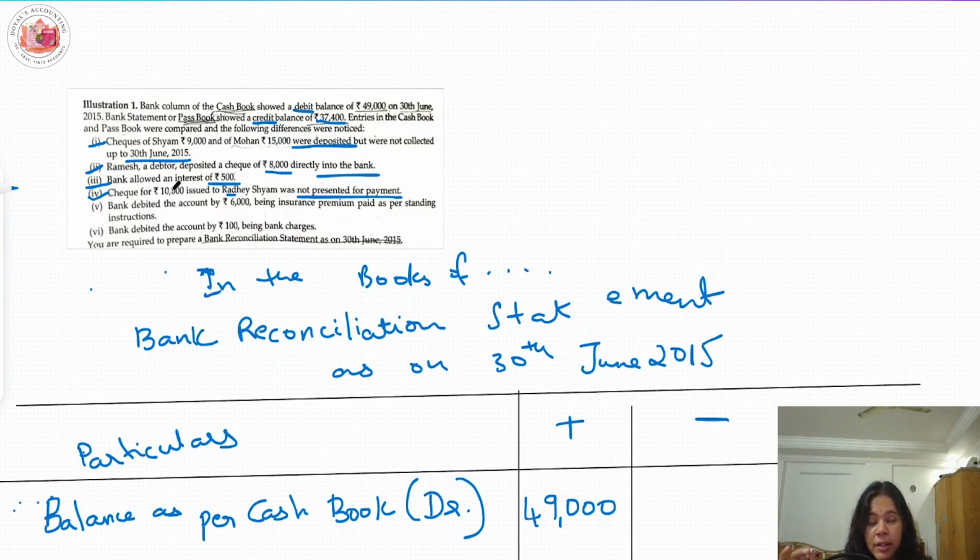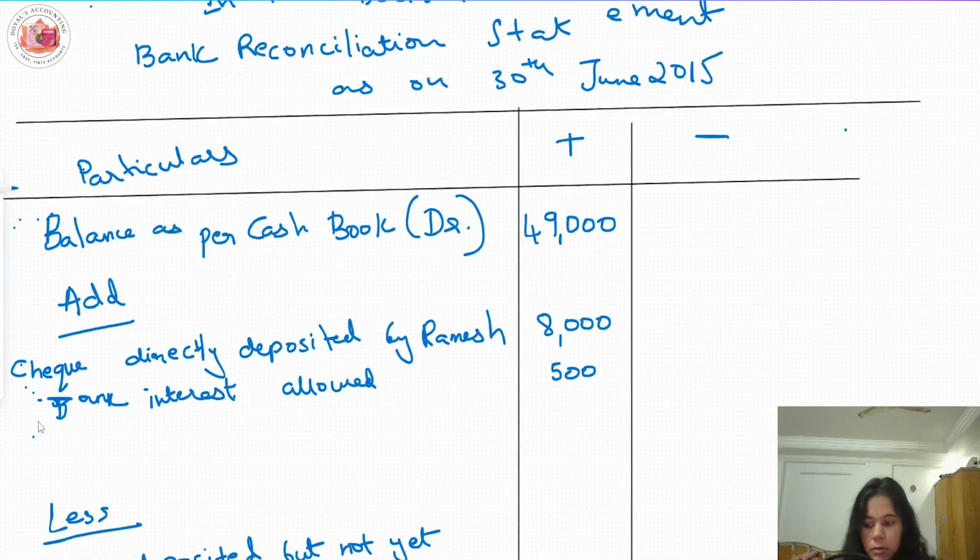If I had presented that check, then correctly 10,000 rupees would get deducted from my bank account, but that did not happen. So what do I do now? My cash book balance is less by 10,000 rupees. So I have to add it up. I have to add 10,000 rupees. I will write check issued but not presented for payment.